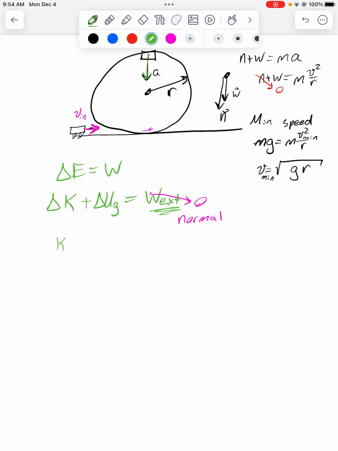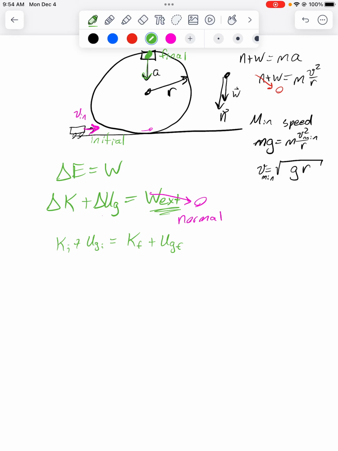And so that means that the initial kinetic plus gravitational is equal to the final gravitational and kinetic. So this is going to be our final state up here, and this is going to be our initial state down here.